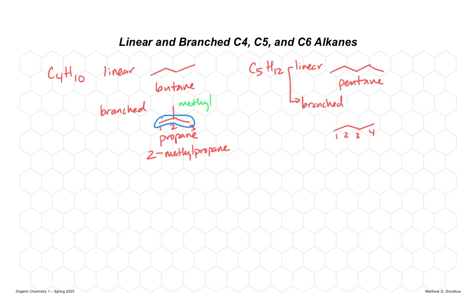I'll draw the steps and show you, because you said 2 things. One of them is right, the other is not, and I want to explain why. So there's the longest chain. We know it's now going to be a butane derivative.